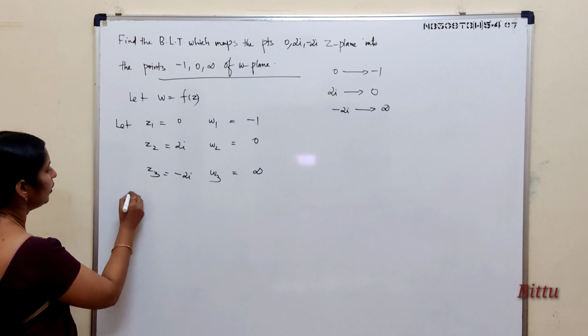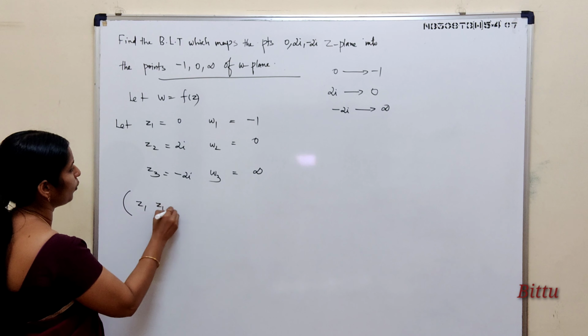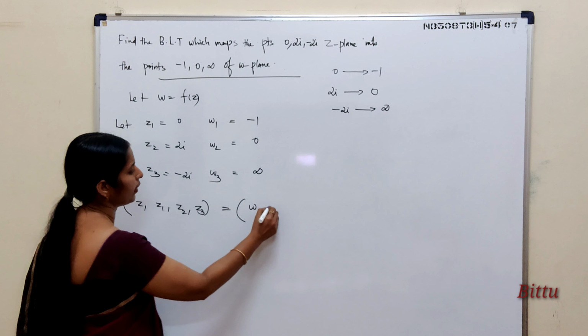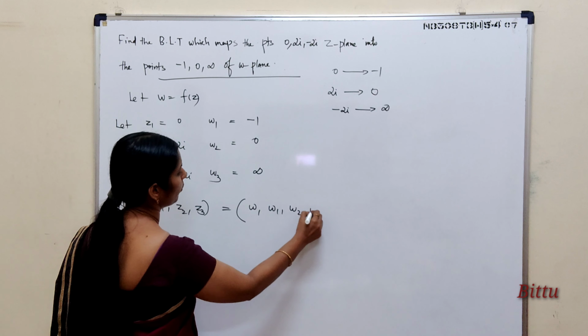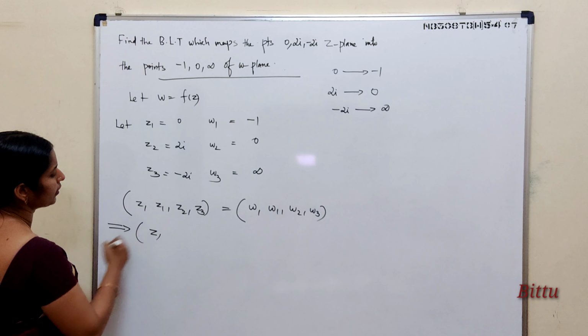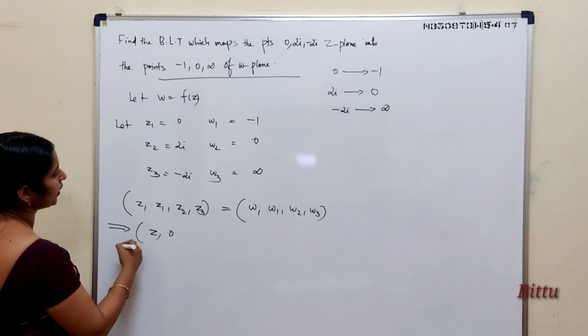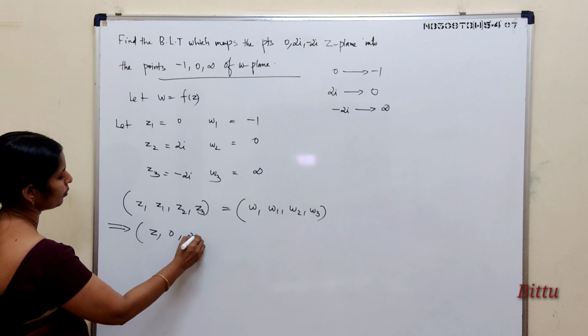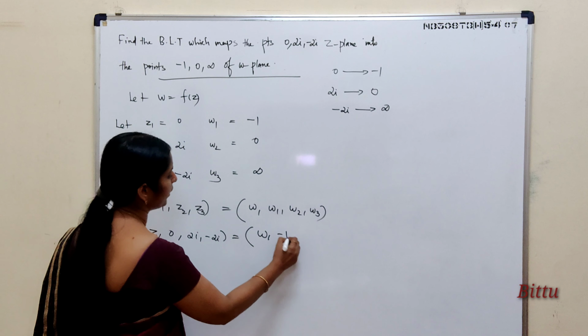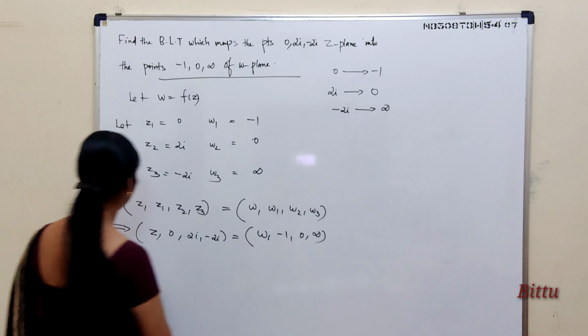We have cross ratio of Z, Z1, Z2, Z3 is same as cross ratio of omega, omega 1, omega 2, omega 3. Which implies, you put the values of Zi and omega i: Z, 0, 2i, minus 2i is equal to cross ratio of omega, minus 1, 0, infinity.